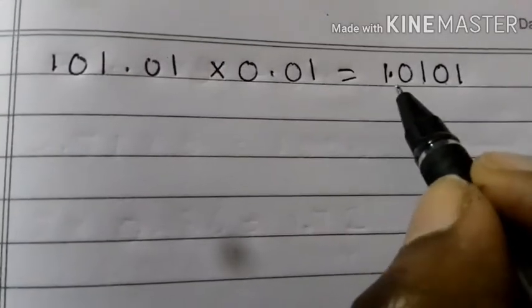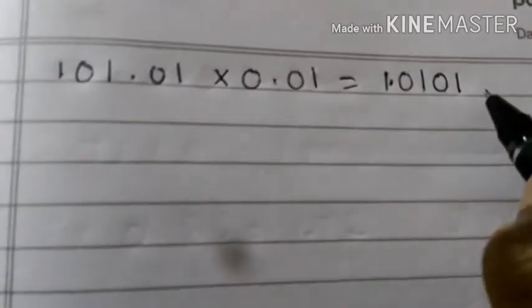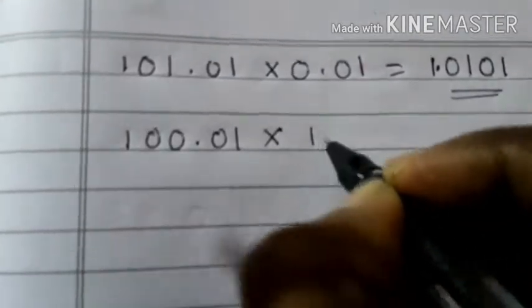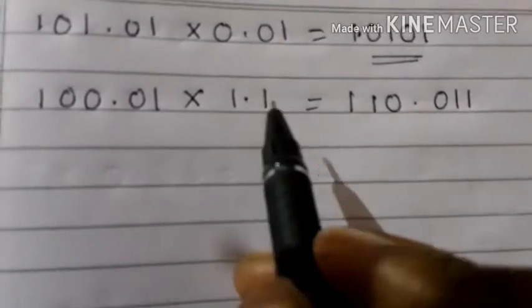Then read the number 1.0101. Another example, 100.01 multiplied by 1.1. So write the product 110.011. Here 1, 2, 3. 3 digits. Here also count 3 digits.